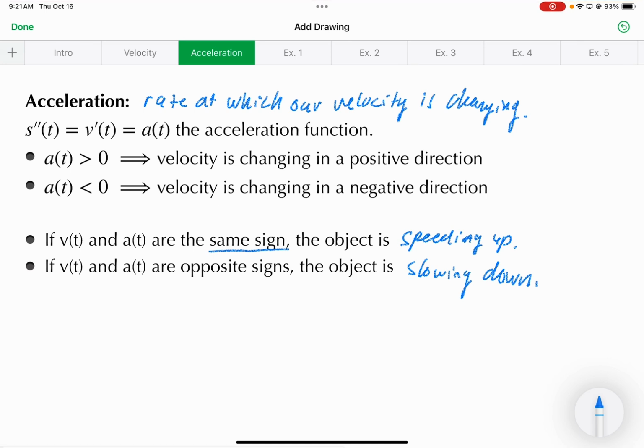If I'm moving in a positive direction, but the rate at which it's changing is decreasing, it's slowing down. Okay? So they're working against each other. And then same thing, if I'm moving in a negative direction, but the rate at which it's changing is positive, those things are working against each other, and it makes my object slow down. Okay? All right, so that is a major key.